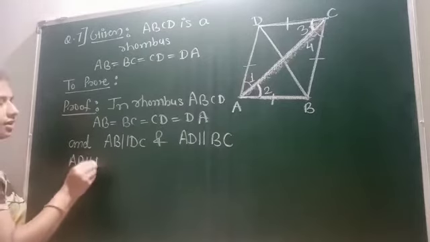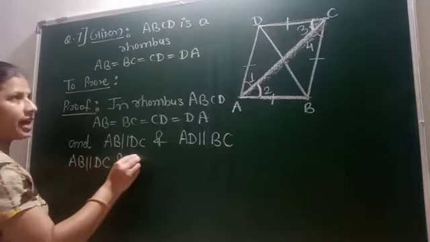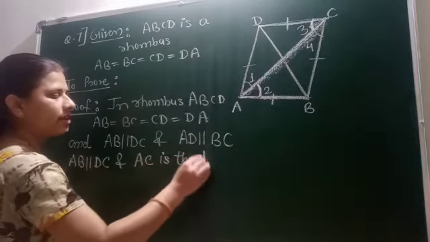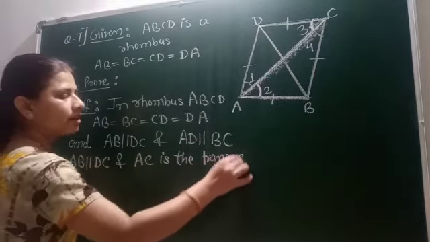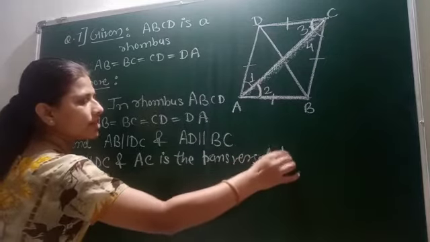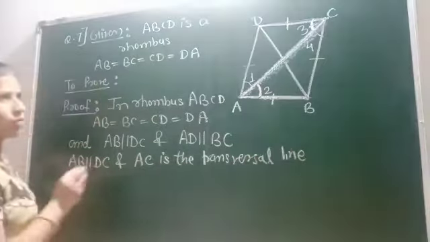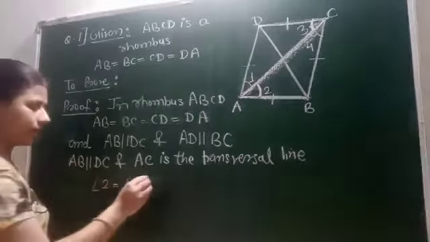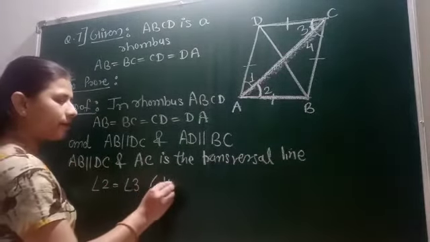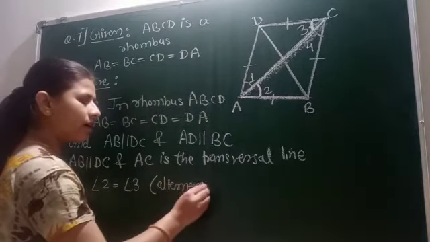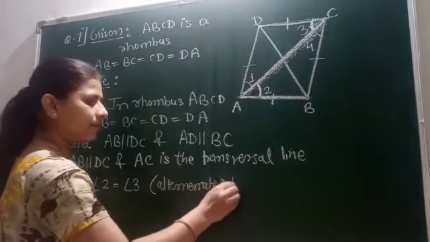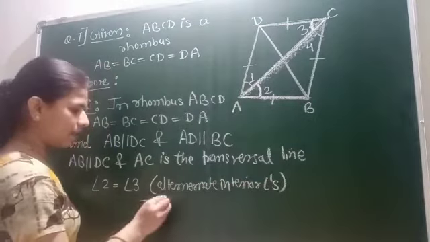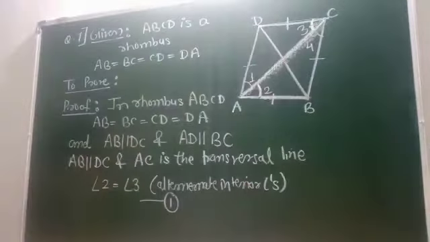AB is parallel to DC and AC is the transversal line. So we will get angle 2 equals angle 3. Why? Because these are alternate interior angles. This one is our equation number 1.